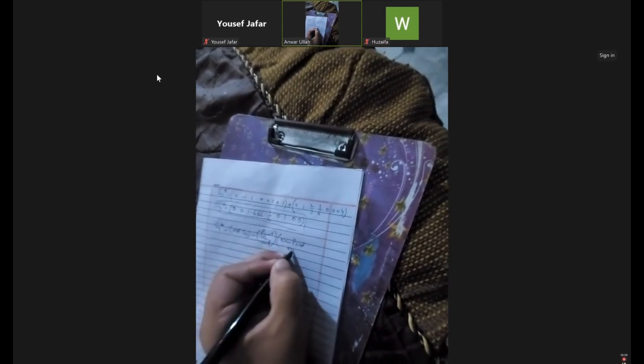Now S4 is equal to old S4 minus the pivot column coefficient into the new pivot row.